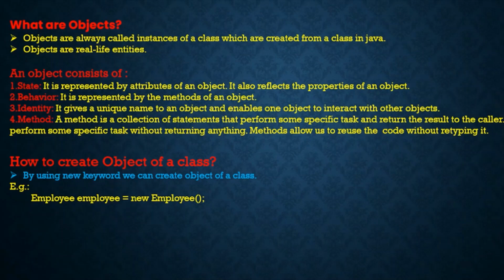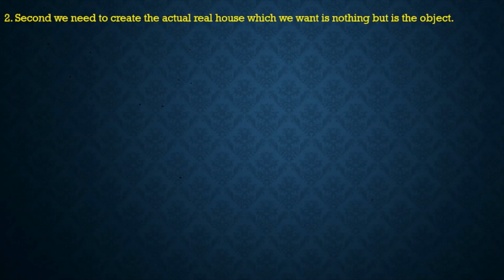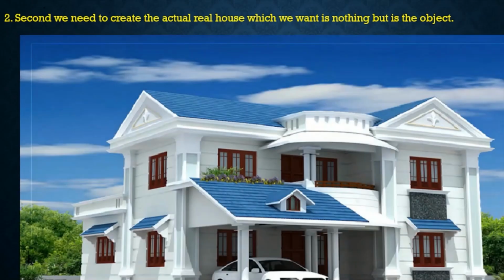So we are writing new Employee. That means we are trying to create the employee object here. Okay, and we have the blueprint of the house. The architecture diagram I have already shown. From that architecture diagram, whenever we build some house, the object will look something like this.